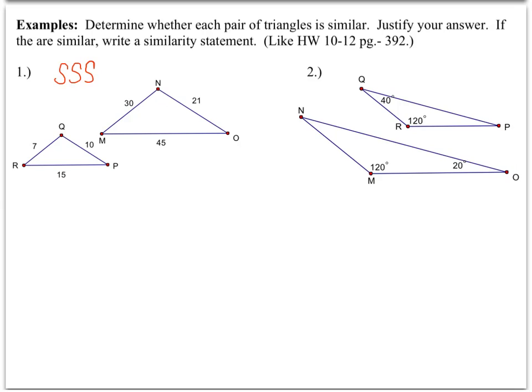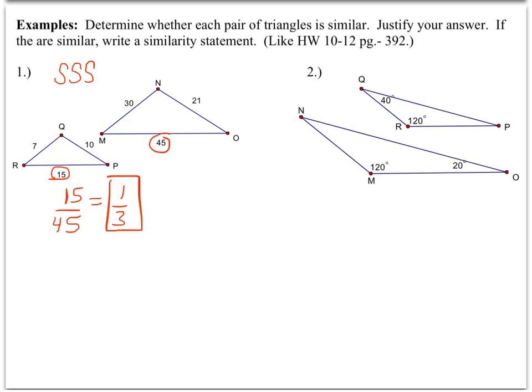I'll start with 15 divided by 45. Reducing that fraction, 15 over 45, we get 1/3. Now this should be true that I have a scale factor of 1/3 for all of these sides when I set up the proportion.